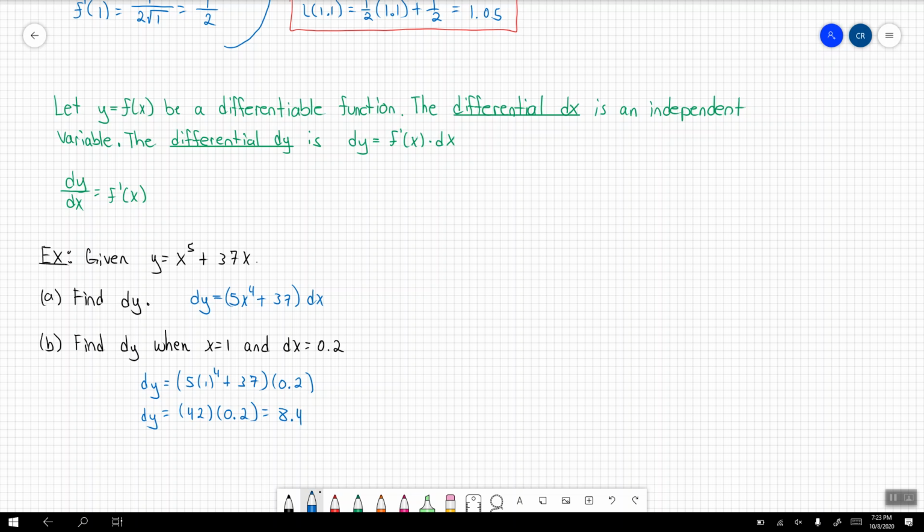And very similarly, just to give you a little insight here, differentials are sort of brought forth when we're looking at linearizations. When we were looking at a linearization, the first thing that we thought of was, let's look at y minus y1 is equal to m times x minus x1.